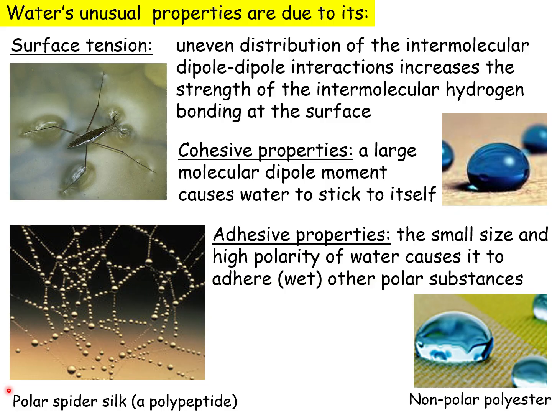And then we got adhesive properties, and this is how much it likes to stick to other things. And so spider silk is a polypeptide, which means it has lots of amino groups, which are polar, and lots of carboxylic acid groups, also polar. And so water just loves to stick to the spider silk. Whereas if you have something like a nonpolar polyester, it doesn't stick to it.